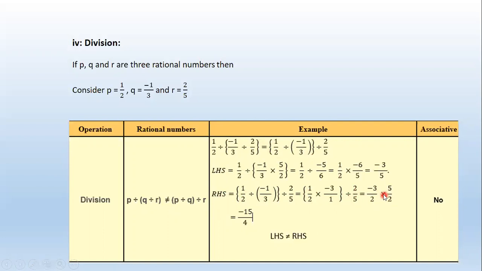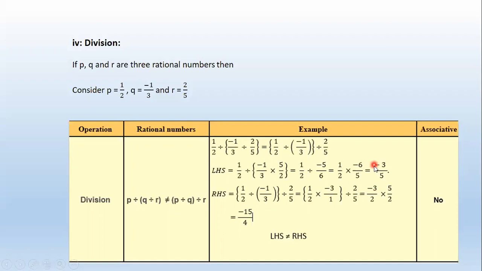This division will be converted into multiplication with the reciprocal of the number. That is, I'll interchange numerator as denominator and denominator as numerator. So it will be written as 5 divided by 2. So this multiplication will be 5 threes are 15, minus 15, 2 twos are 4. So it will be minus 15 by 4.